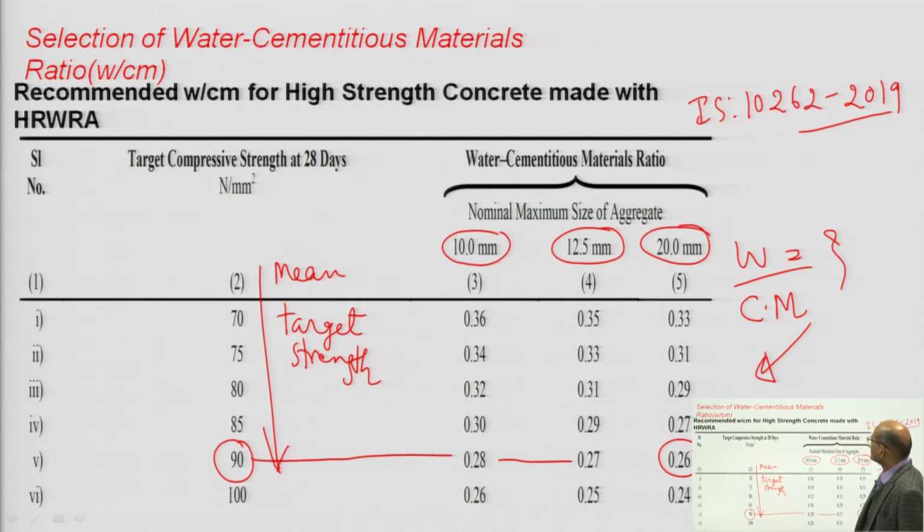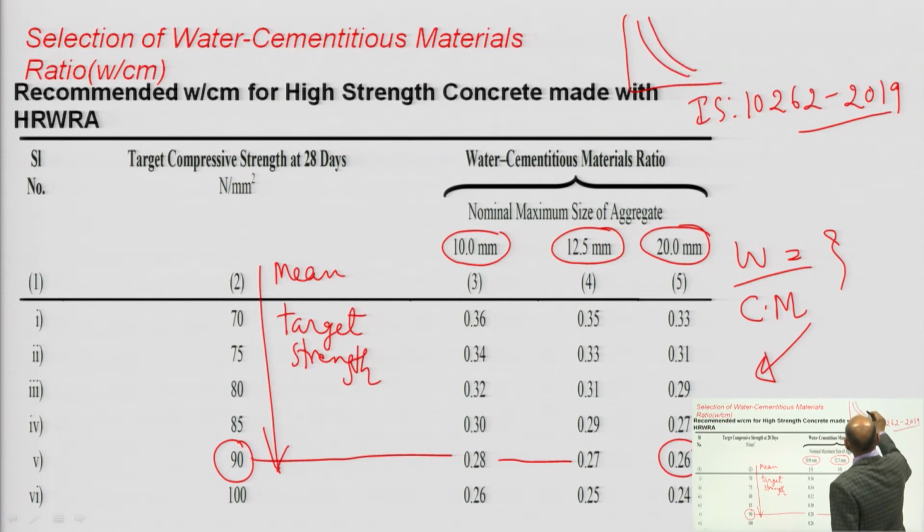Otherwise, you can try the chart given in the IS code. With the help of that also you can calculate what the water cement ratio should be. Three types of curves are given here.